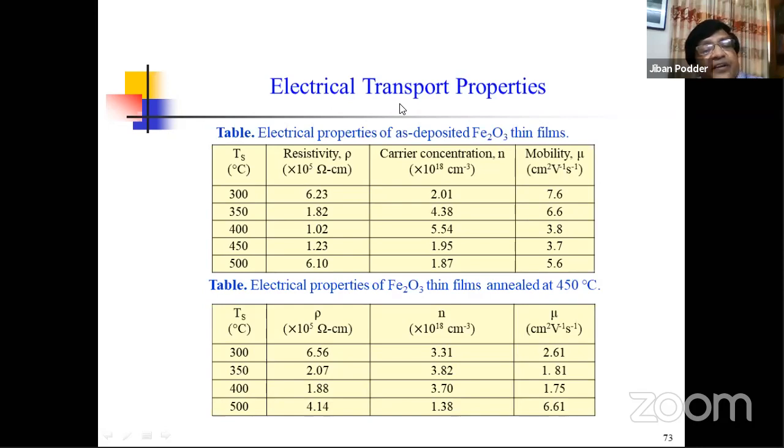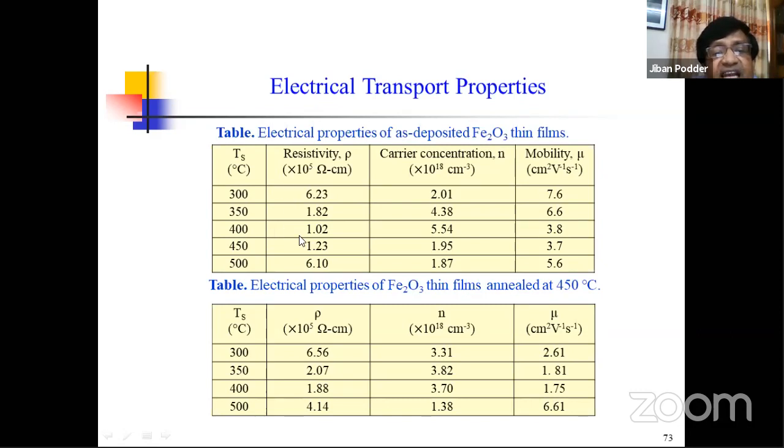Unless we determine the resistivity, we cannot say this material is completely suitable for gas absorption or other optoelectronic properties, because it depends on the carrier concentration. Resistivity, at a particular temperature or doping level, reaches a minimum.